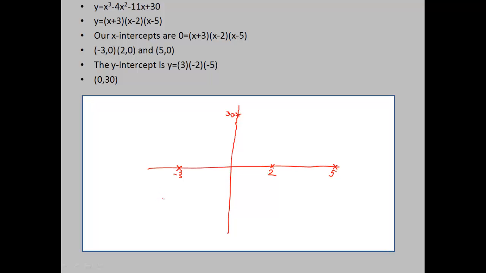We can draw our cubic going through these points. Like so, and that's good enough. So that's all we really need. We need to get the points of intersection of the axes correct. The only other thing that's quite important is to make sure that we put the maximum point in a kind of sensible place.